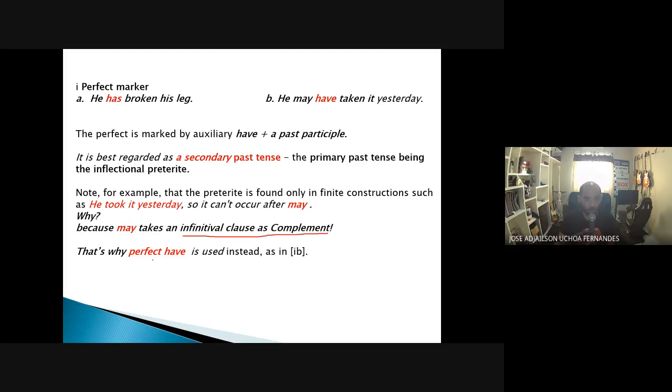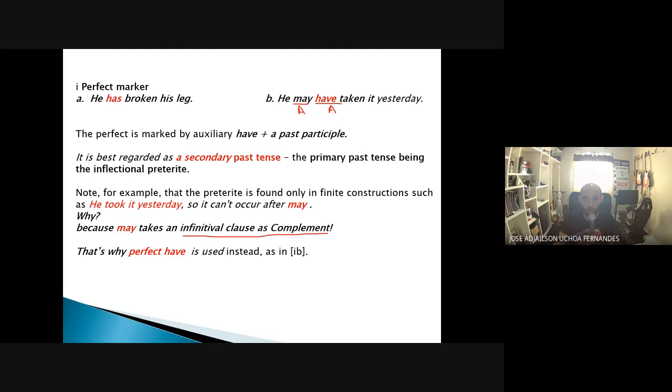That's why perfect have is used instead. He may have taken it yesterday. You cannot say he may take it yesterday. It would be nonsense, okay? So you need another auxiliary verb. You have may as an auxiliary and have as an auxiliary as well.